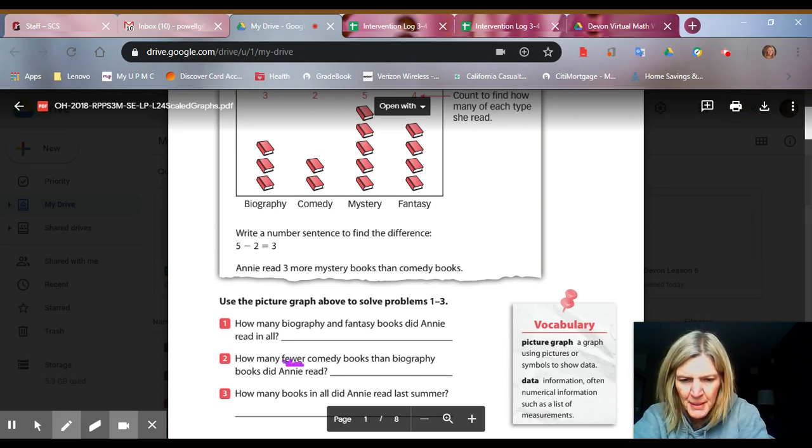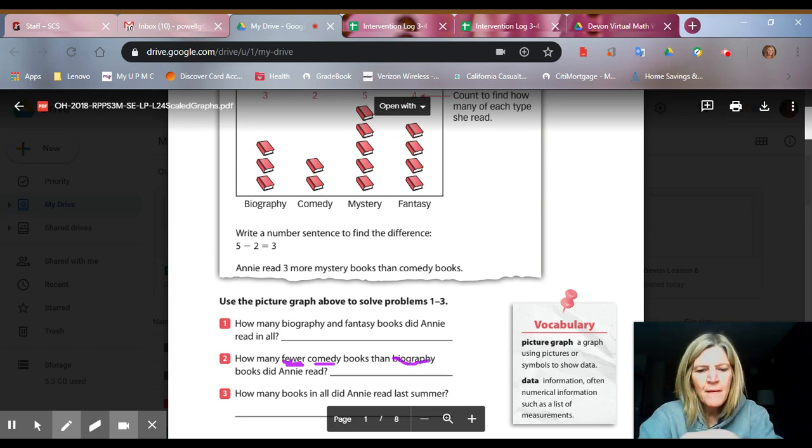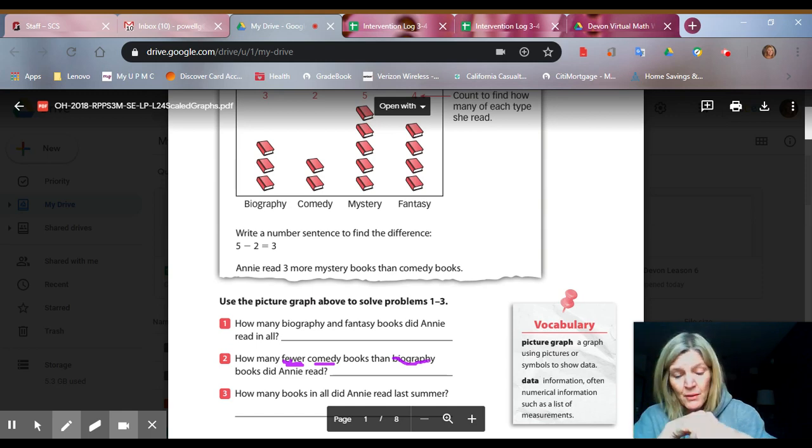How many fewer comedy than biography? Fewer is a keyword to tell you to do what? Add or subtract? Multiply or divide? Which one is it? Well, if you said subtract, you are correct. So you need to subtract. You need to find out how many fewer comedy than biography.